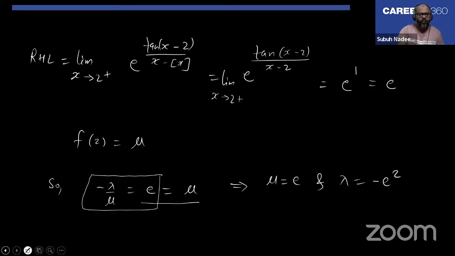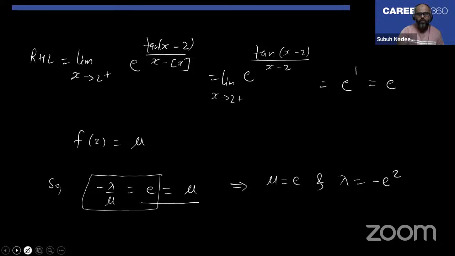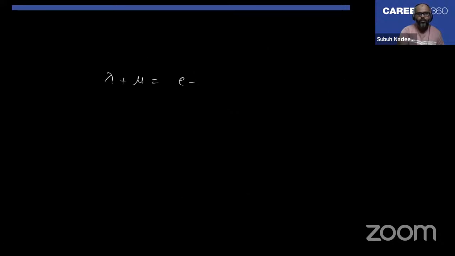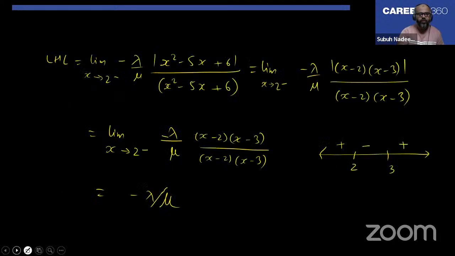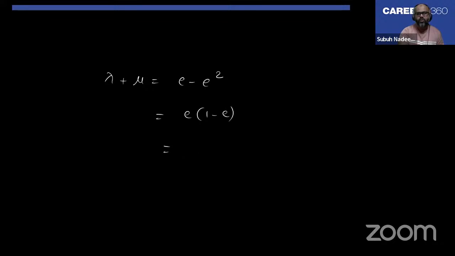Now you have to find lambda plus mu. So lambda plus mu will be e minus e square, that is e into 1 minus e. So if we see, option A is the correct option. They have written it like this, e into minus e plus 1.